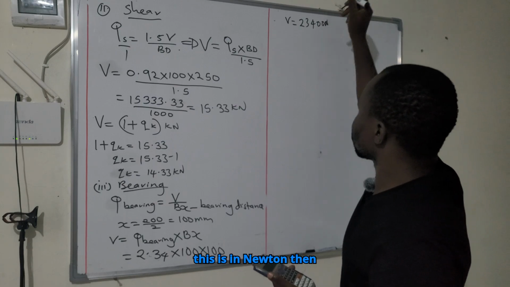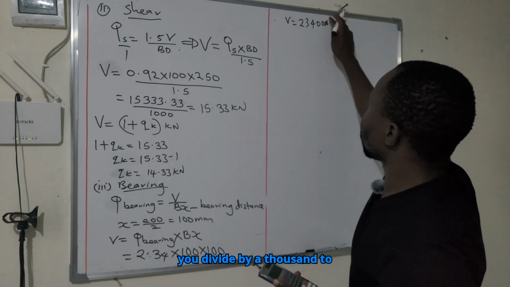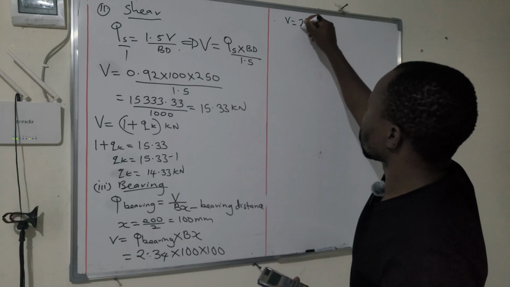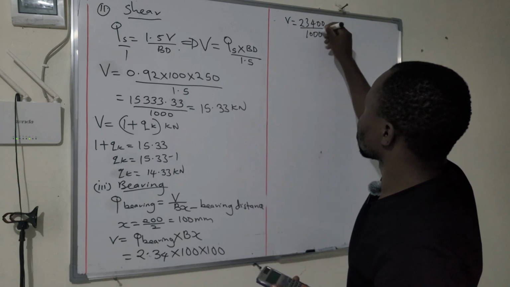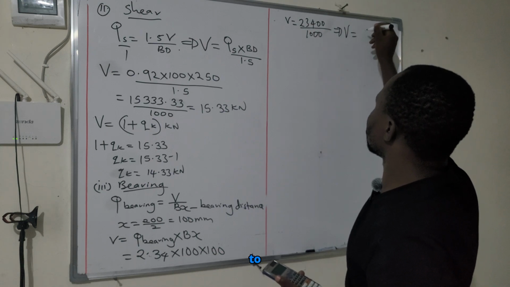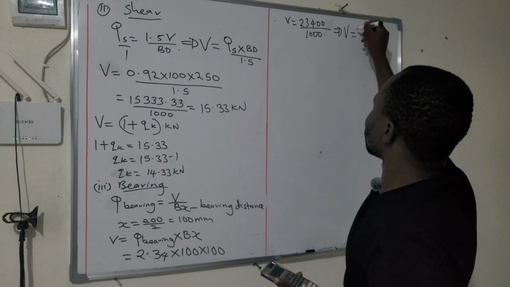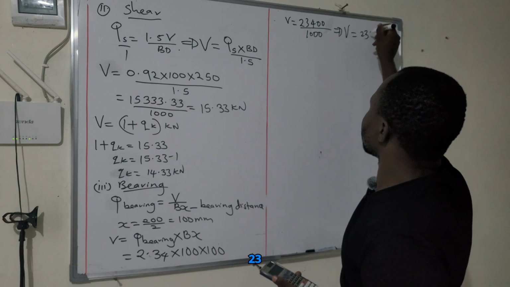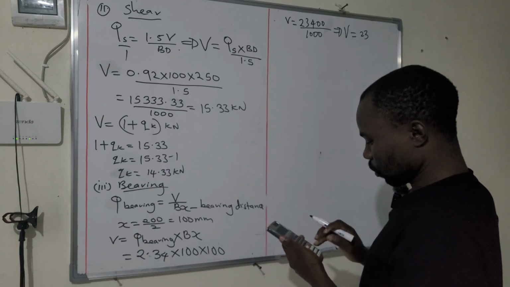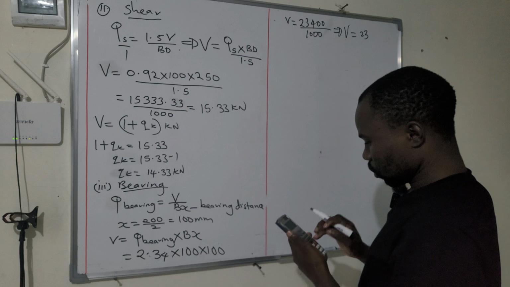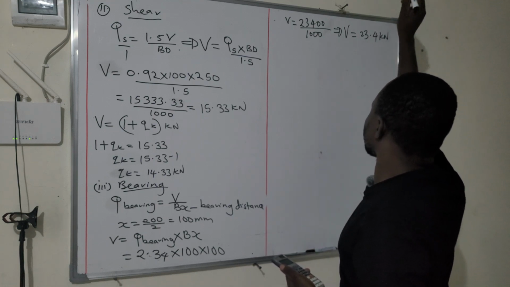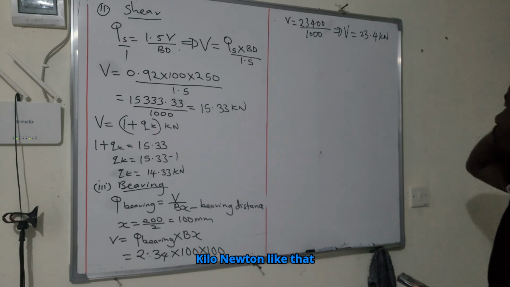This is in Newton. Then you divide by 1,000 to get your answer in kilonewton, which imply V is equal to 23.4 kilonewton, like that.